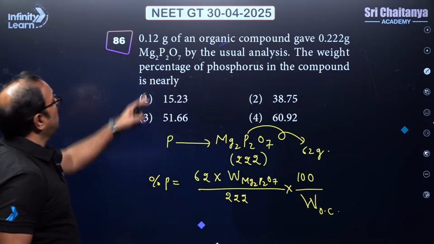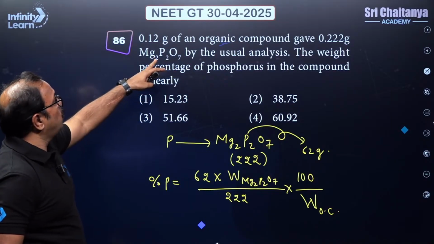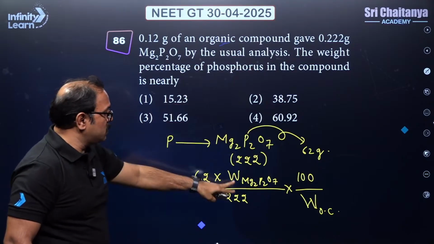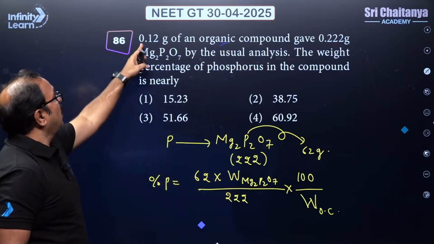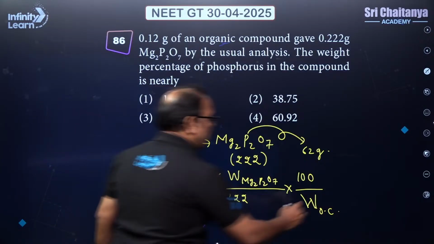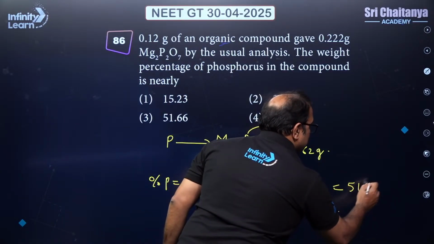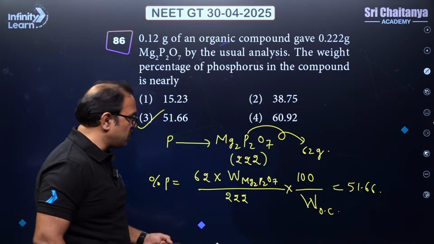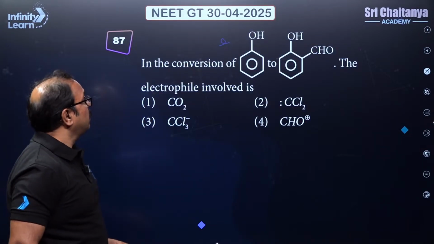So we know the weight here which is given, 0.222. The examiner is very lenient on you, he has given the calculation which can match with this value, and 0.12, you substitute here and just work it out. In this case I believe, as students worked it out, it comes to 51.66. Okay, I believe that probably yeah that's right.